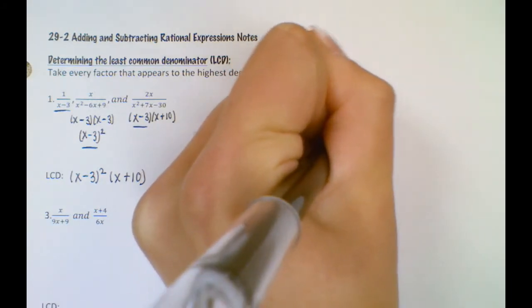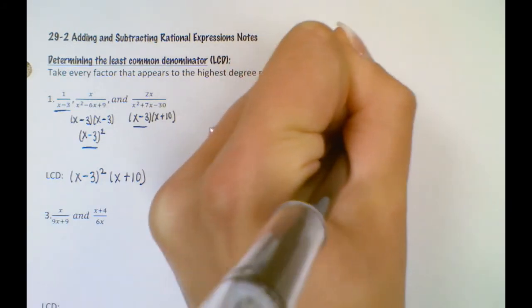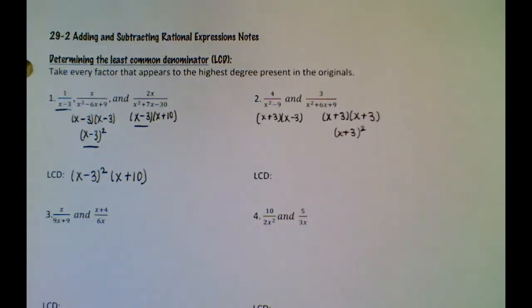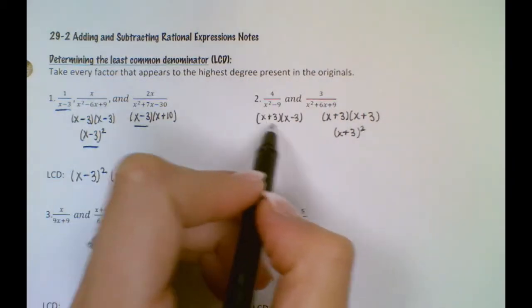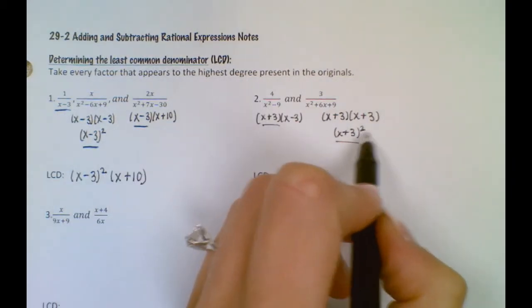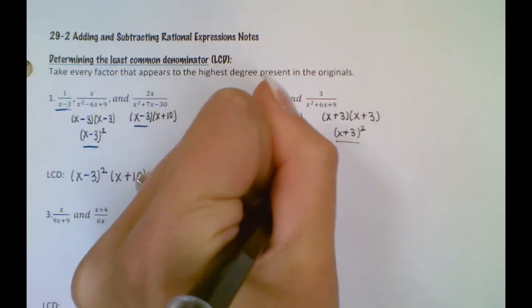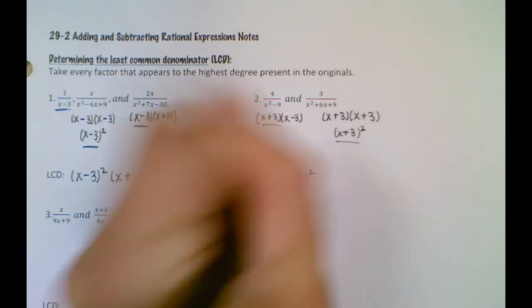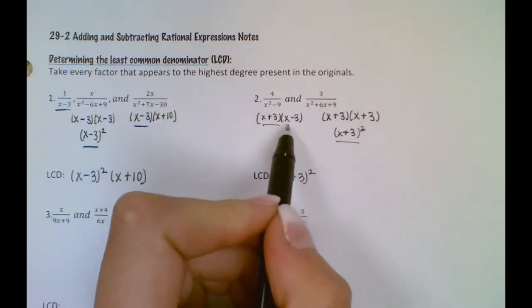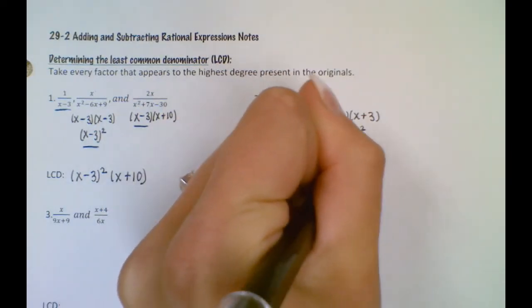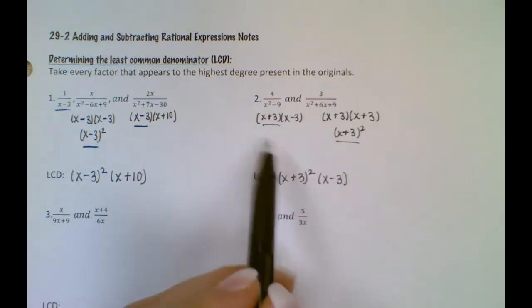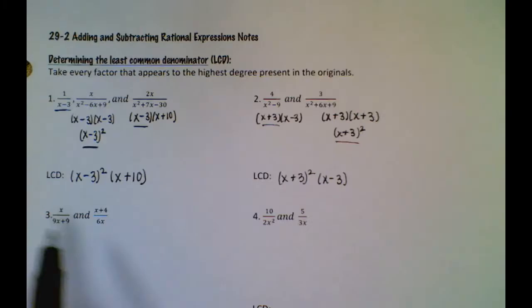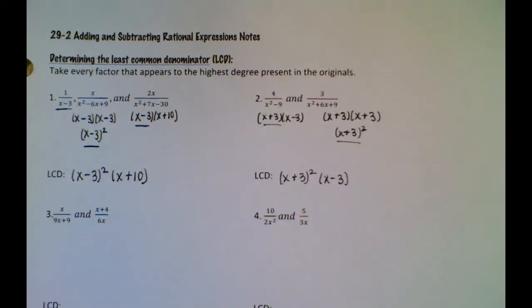And again, because it's the same factor, I can just write that as x plus 3 squared. So either or. So I have an x plus 3 in both of these, but this is the highest degree, so this is going to be x plus 3 squared. And then I also have an x minus 3 in this one, so that's going to be part of the least common denominator as well. Okay, and all these denominators should be taken care of down here.